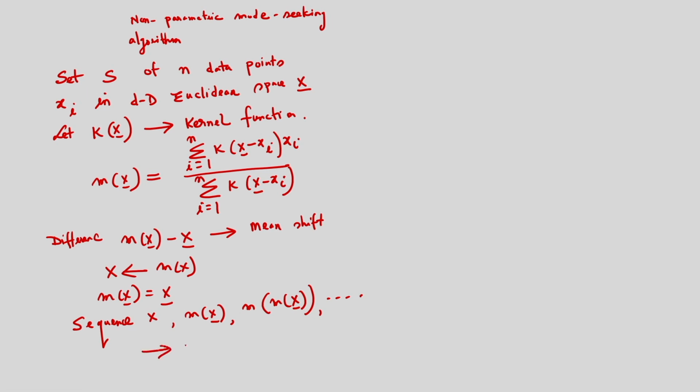These are nothing but the trajectory of x. And if the sample means are computed at multiple points, then at each iteration, the update is done simultaneously to all these points. So this is the basic concept of the mean shift algorithm.